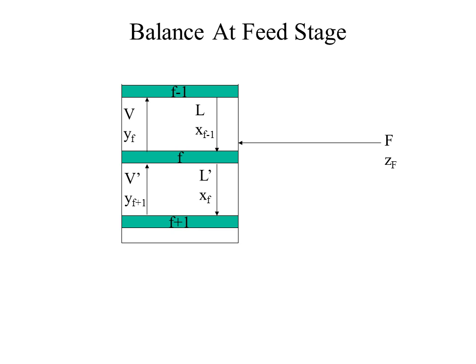From below, we have a vapor coming up, and it has a mole fraction Y sub F plus 1. Leaving stage F, we have a vapor, V, with a composition Y sub F, and a liquid L prime, which has a composition X sub F. And as before, the liquid and vapor streams leaving the stage will be in equilibrium with each other.